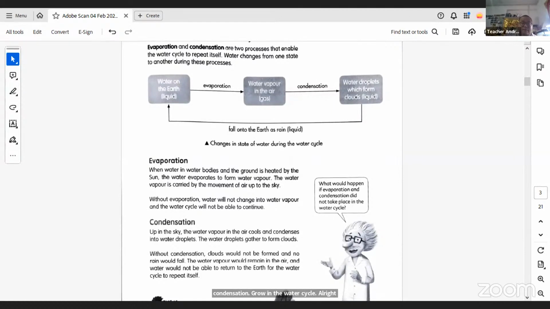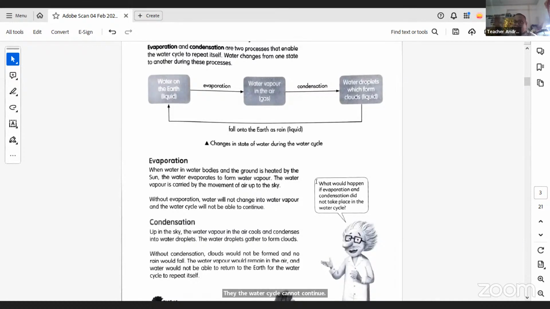Next up. We need these two processes, evaporation and condensation. Why? Because if there is no evaporation, water cannot change to water vapor. When water cannot change to water vapor, the water cycle cannot continue. Same thing for condensation.